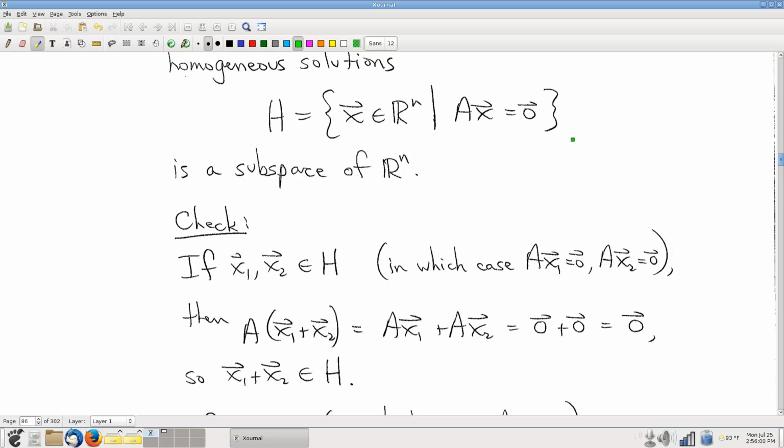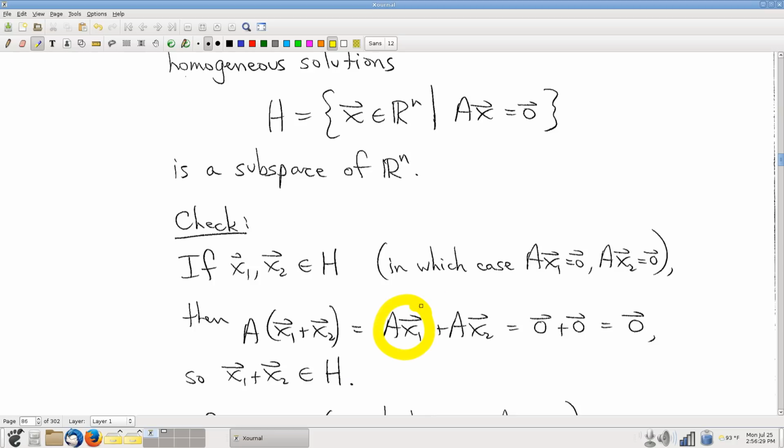Alright, now the question is, is x1 plus x2 in this set? Does x1 plus x2 satisfy that property? Well, I would need for this to equal 0. And you see that that is the result that we're going to get to. So how do we compute that, though? Well, first, we use the distributive property of multiplication of matrices.